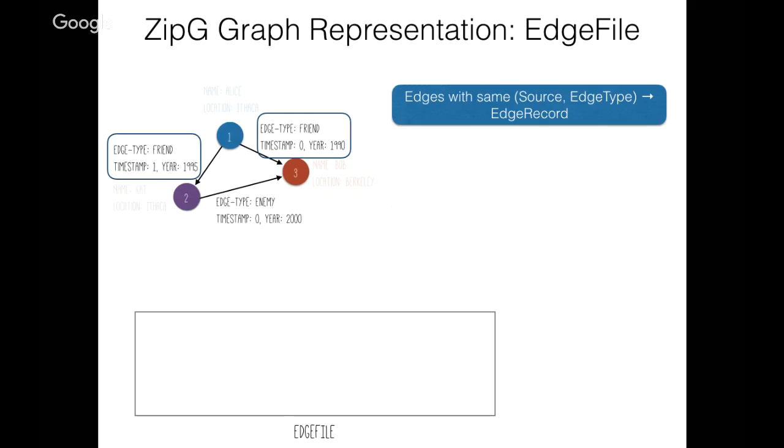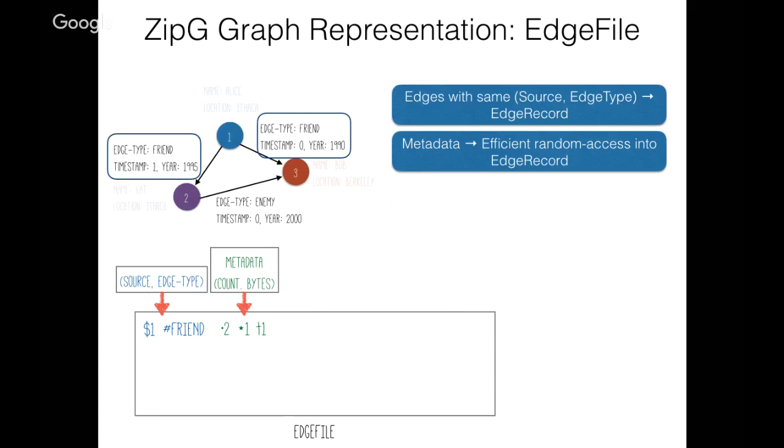Now, in order to write out a particular edge record into the edge file, ZipG first writes out the common source node ID and edge type separated by specific delimiters, again as shown over here. It then writes out certain metadata that is specific to that edge record and enables efficient random access into the data corresponding to the edges encoded in that edge record.